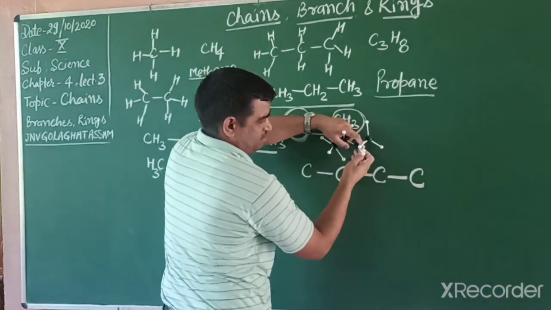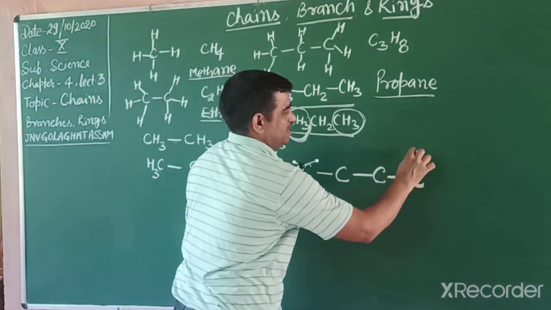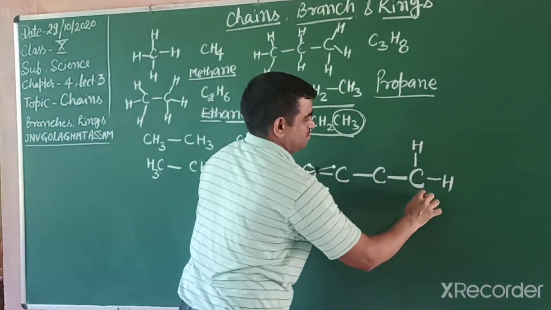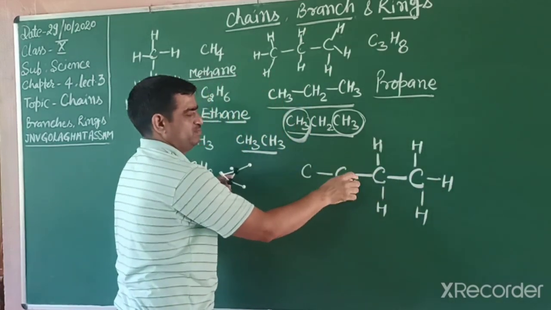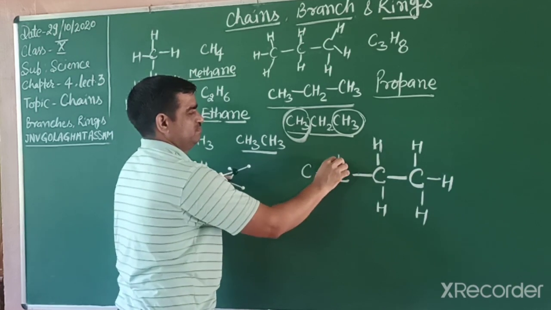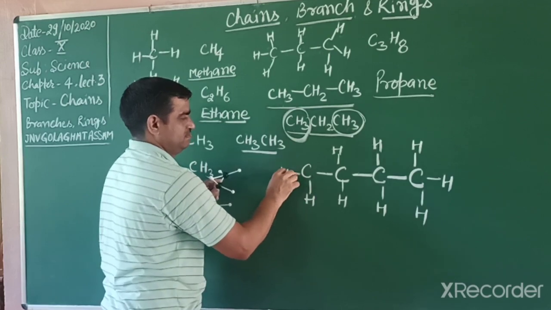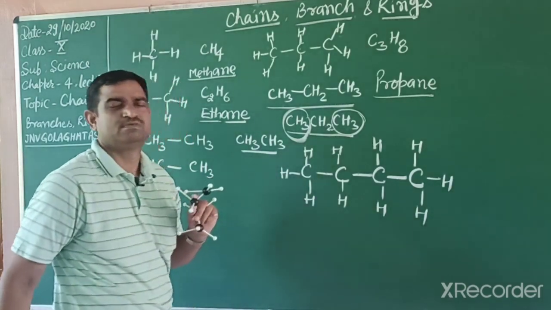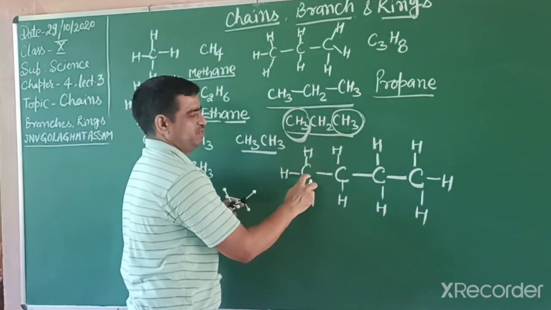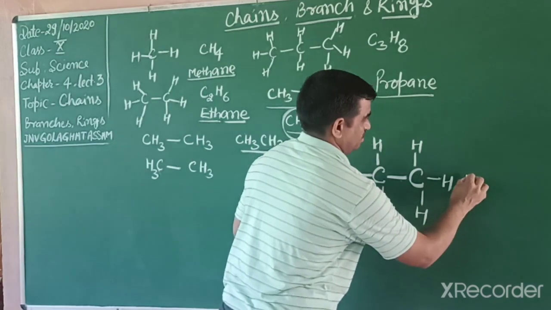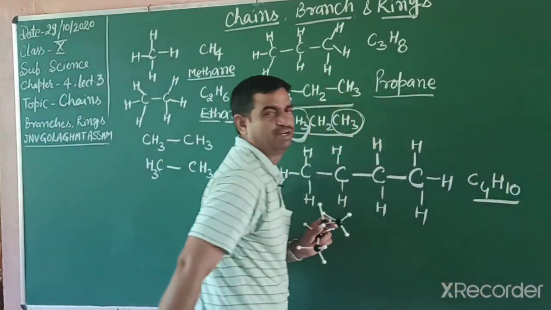Then you count the number of hydrogen. This is a straight chain hydrocarbon. Simply you count total valency for 1, 2. What is the chemical formula of this compound? 1, 2, 3, 4. Then we can write C4H10.